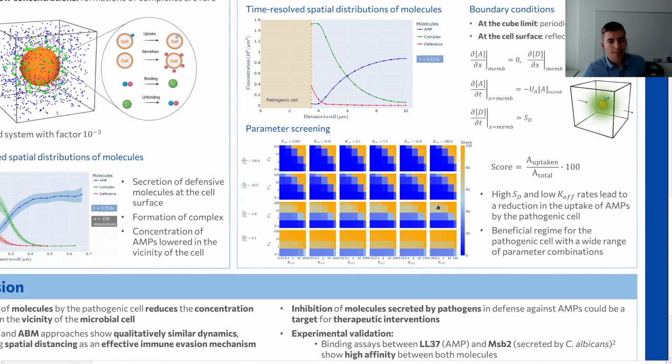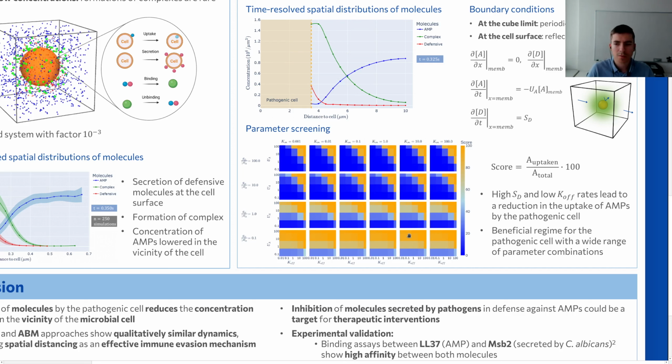Another thing we can look at is a so-called score, which is basically the number of antimicrobial peptides that have been taken up by the pathogen with regard to the initial number of AMPs that we had in the system. Here, bright orange means that almost all the antimicrobial peptides have been taken up by the pathogen, which is bad for the pathogen.